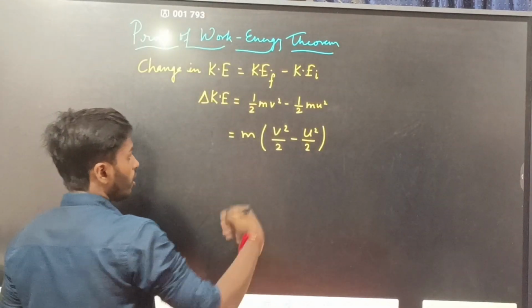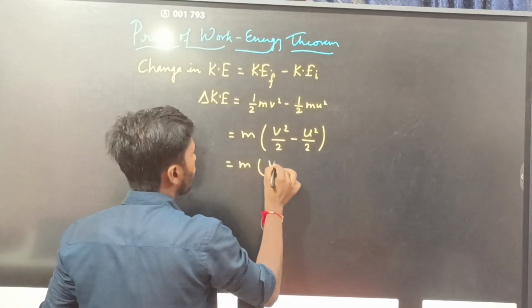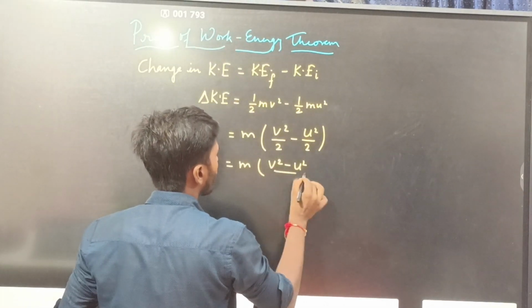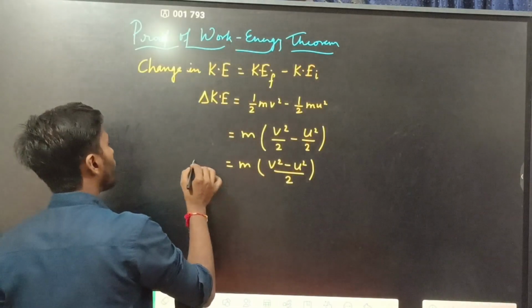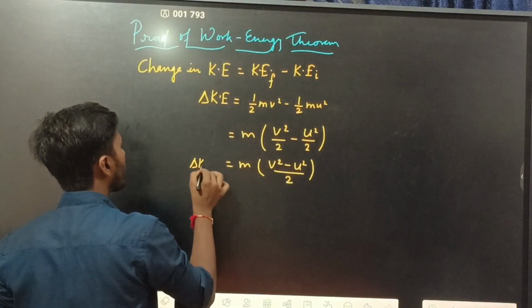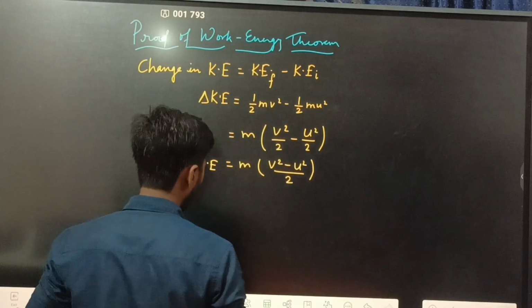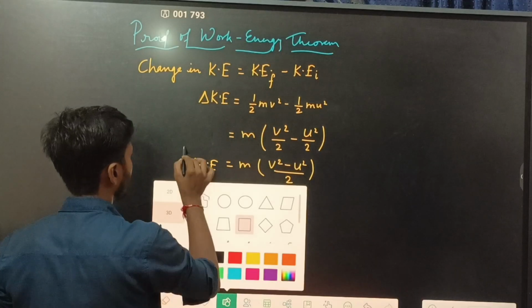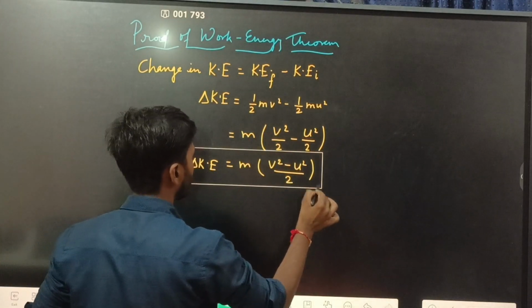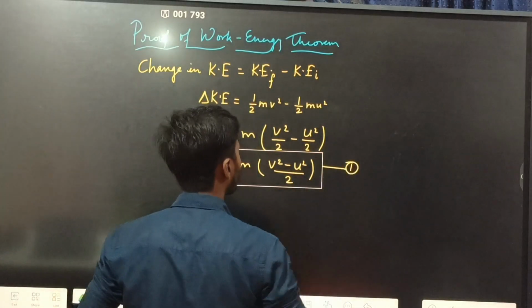Alright, so if we rearrange it, m into v square minus u square upon 2, right? So now we get the equation delta KE is equal to m into v square minus u square upon 2. Okay, let's take it as equation 1.